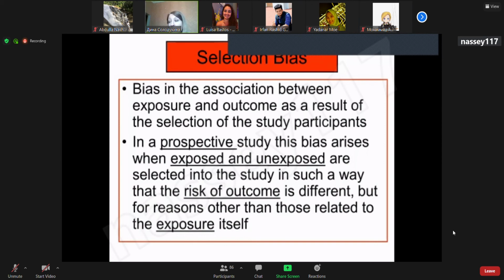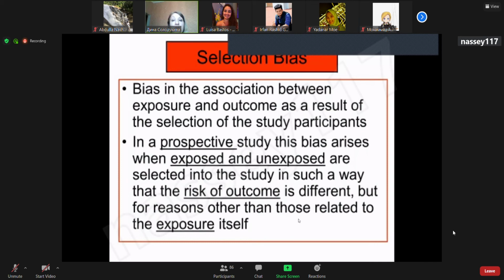So in selection bias, we can select some subjects, for example in a prospective study, who are unexposed but have specific characteristics, or who are exposed but also have specific characteristics.